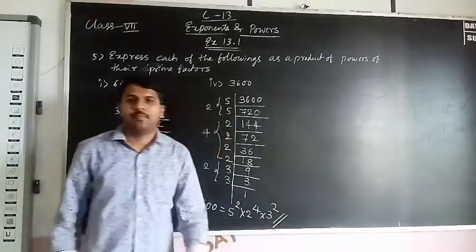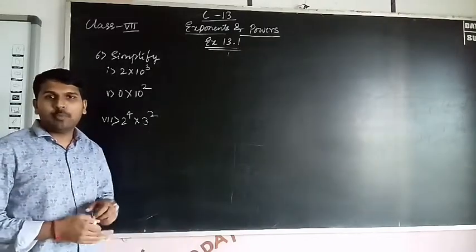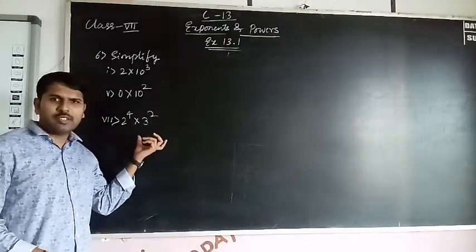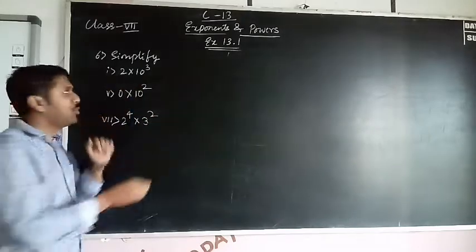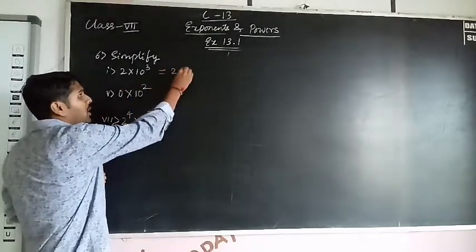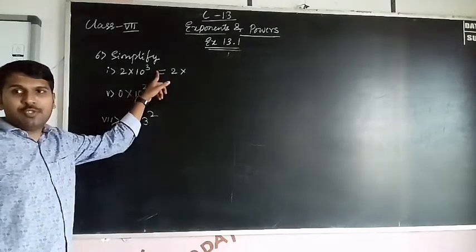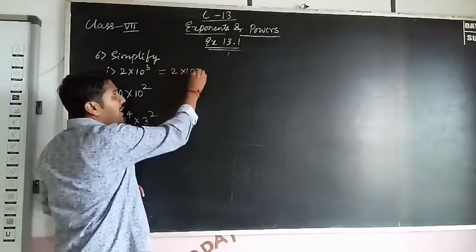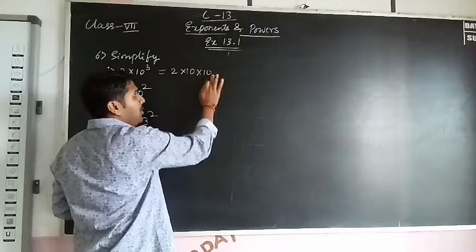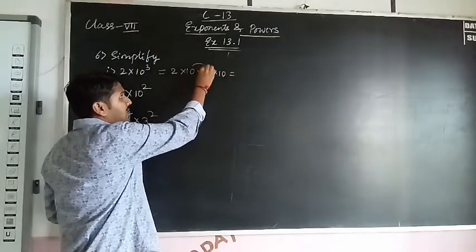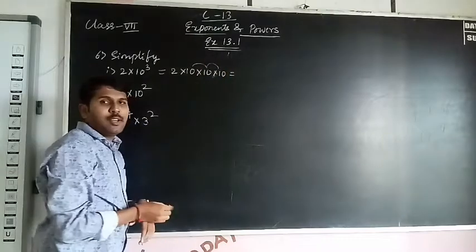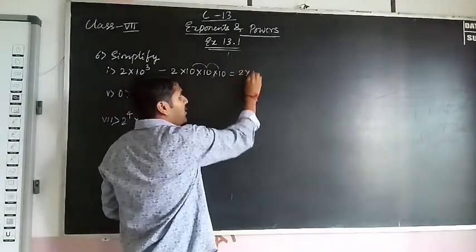Okay. Next sixth one, total 8 questions are there. I have taken only 3 questions because these are very easy questions. Just a simplification. So how to solve this one? 2 into 10 raised to 3 means you should multiply 10 how many times? 3 times. So 10 tens are 100, 100 tens are 1000. 2 into 1000.